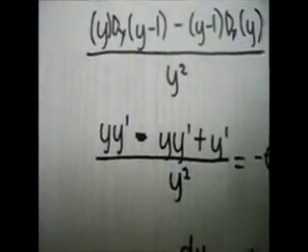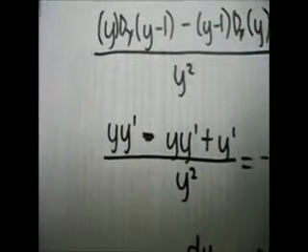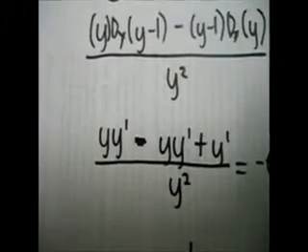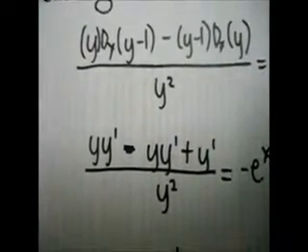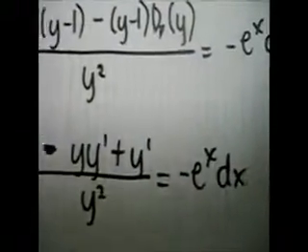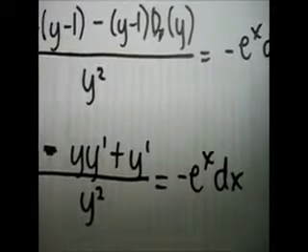Simplifying it, we can cancel the y prime minus y prime. So all we have left is y prime over y squared and negative e to the x.